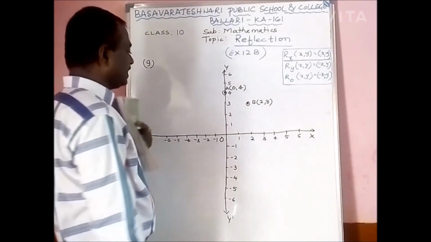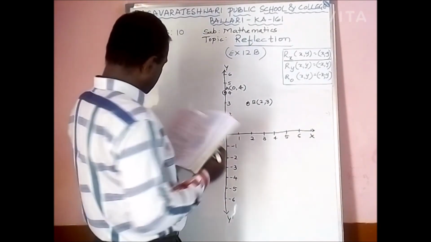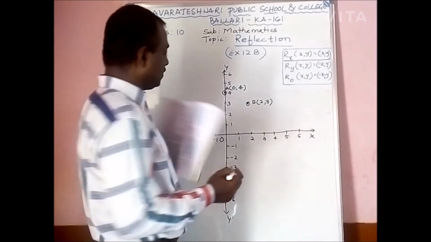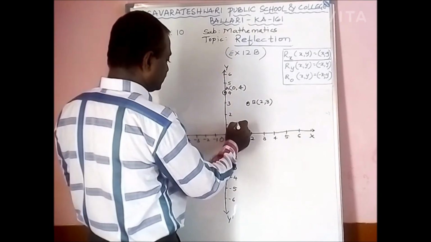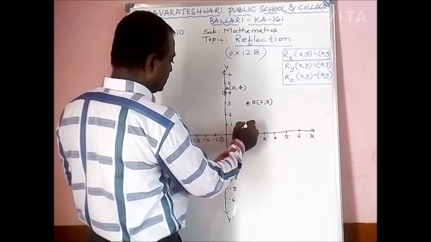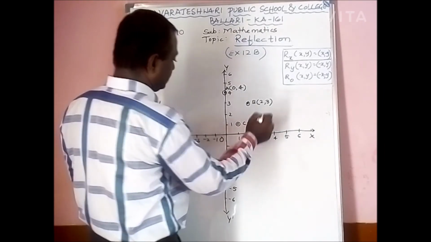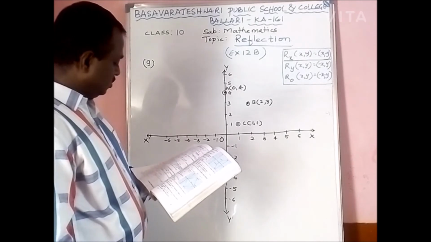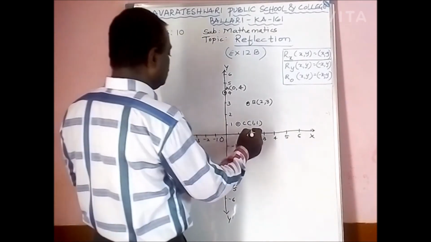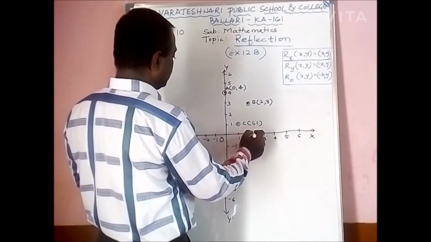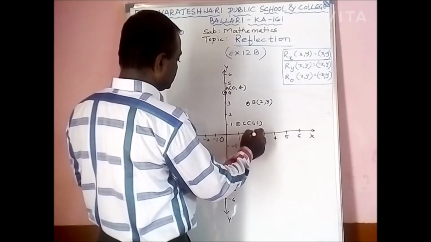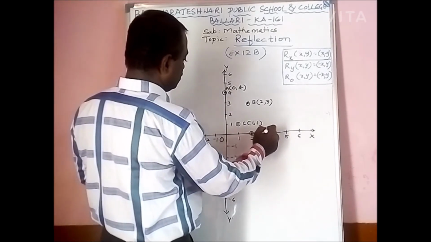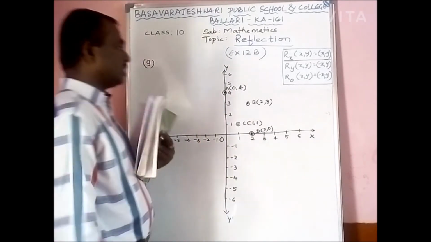C (1, 1). X value 1, Y value also 1. Next D (2, 0). X value 2, Y value 0 means this is D (2, 0). So you have plotted the points.